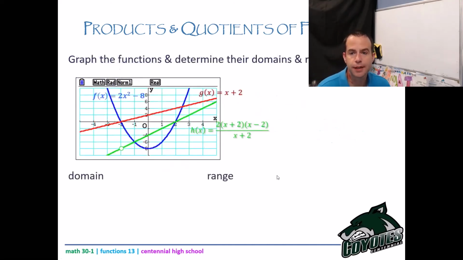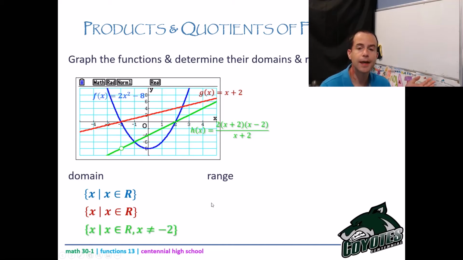Your graph should look like this. Okay, so h of x ends up becoming a line with that point of discontinuity. So real and real for the first two. But now for the h of x, it'll be real but can't be -2. And then again, I have these mixed up, so I have to switch them.